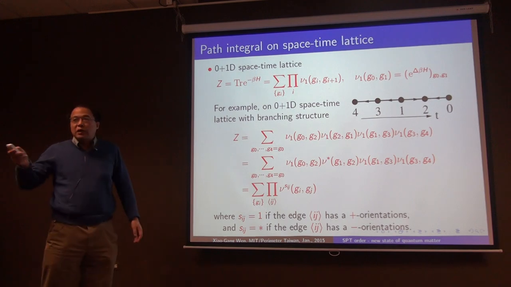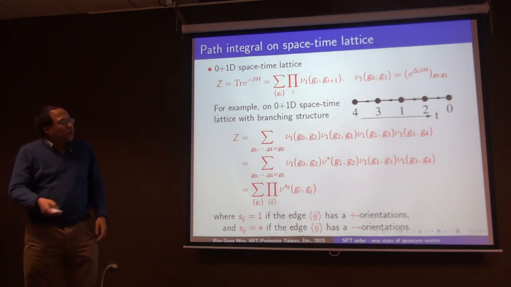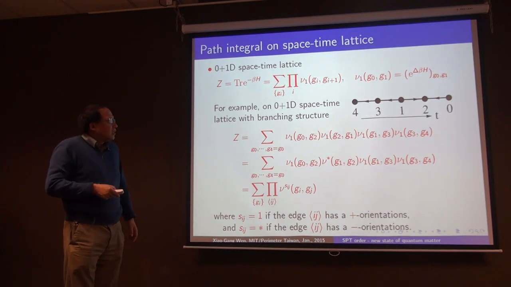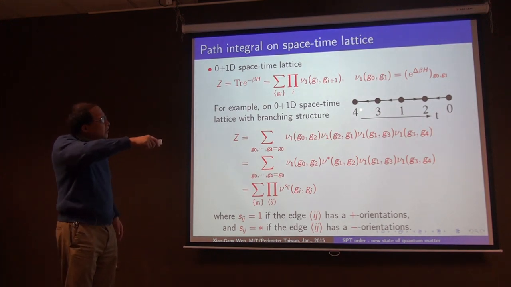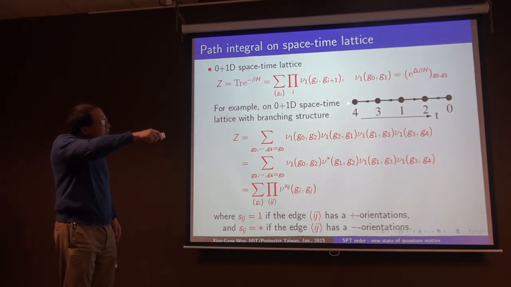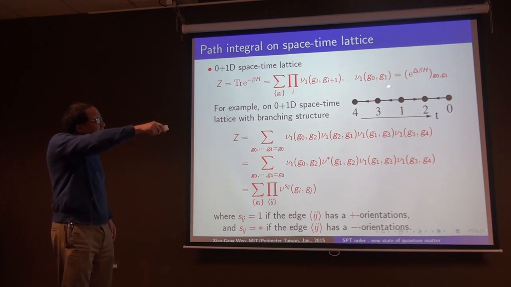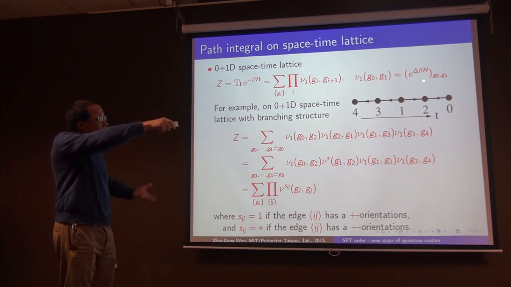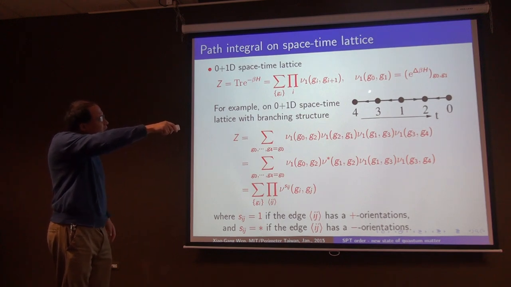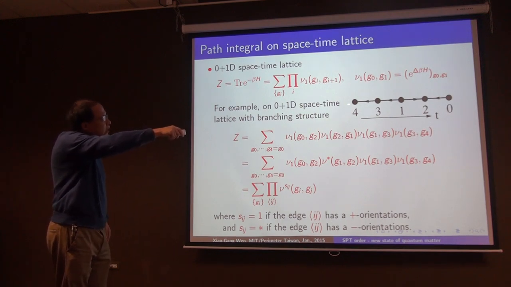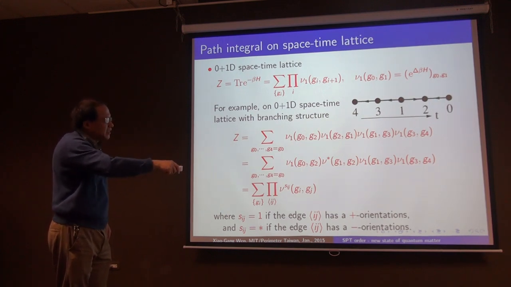Then we put arrows on the edges. For each cell with an arrow, we associate a tensor. This tensor is basically a matrix element of this tiny evolution. We put the tensor on this cell, and when the cell has the wrong orientation, we should take the complex conjugate of the tensor.